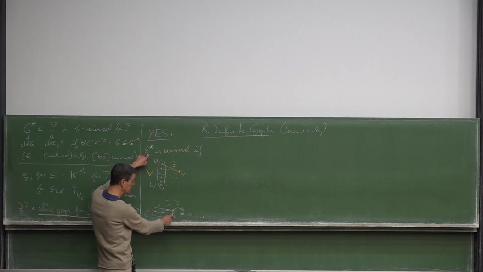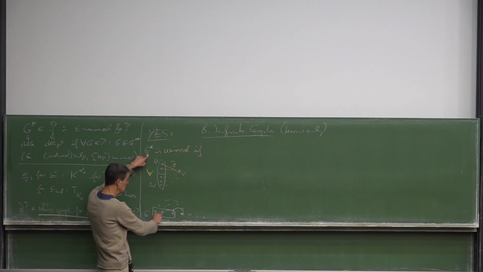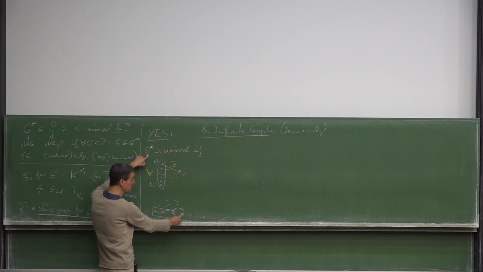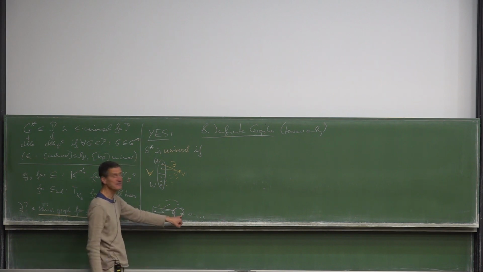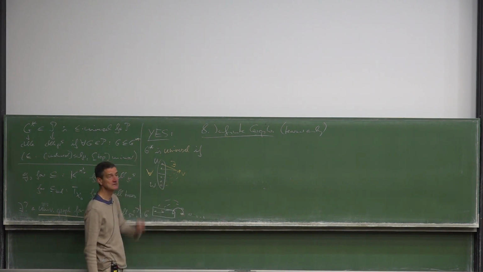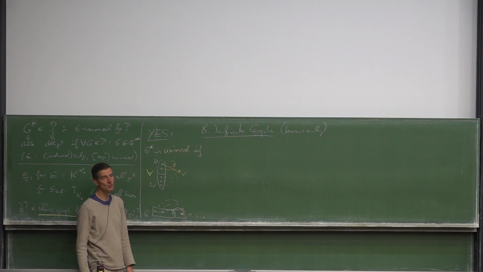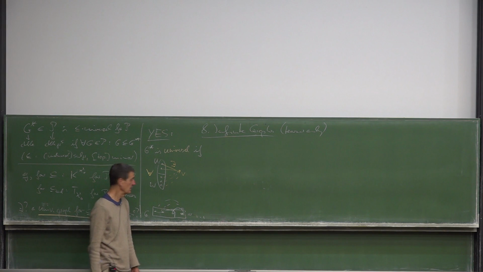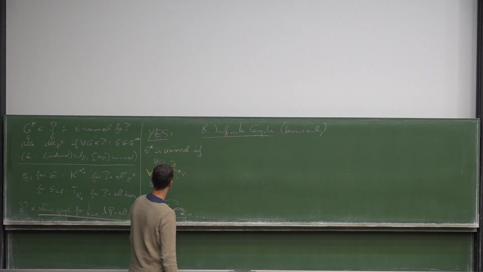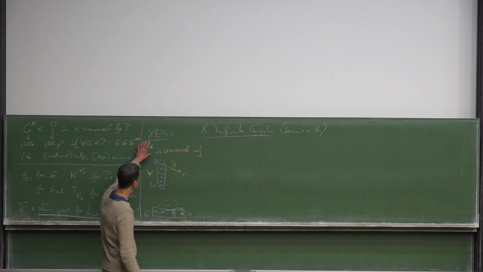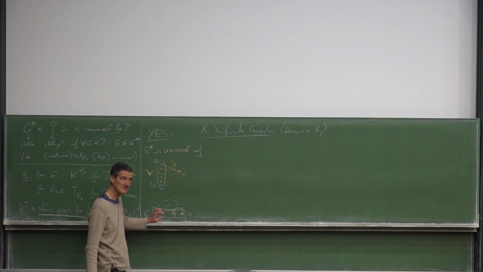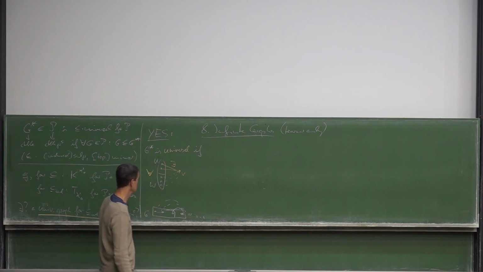Call the images of the neighbors U. Call the images of the non-neighbors W. They're distinct because that's an embedding. And then there exists something to which we can map this vertex, right? So we've embedded a little more. Okay, so clearly, if a graph G star has this property, then it's universal.